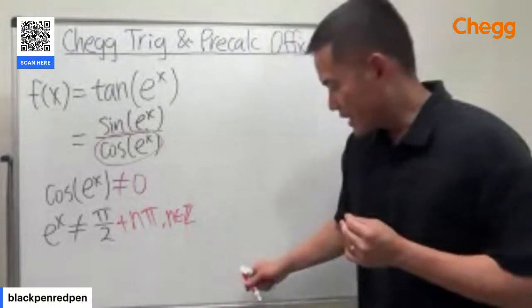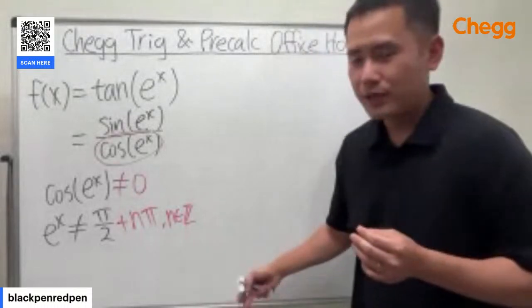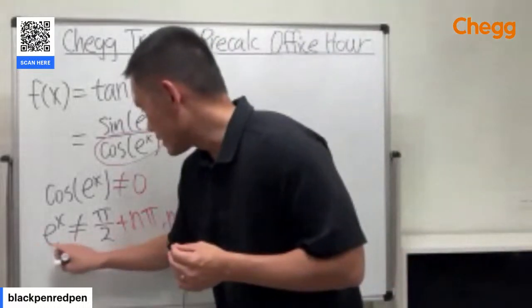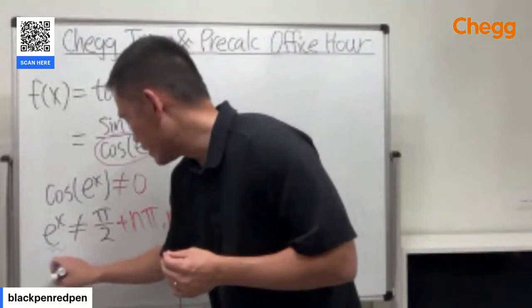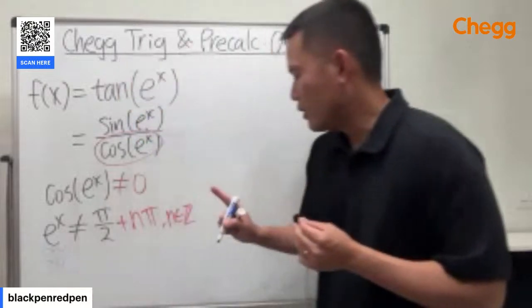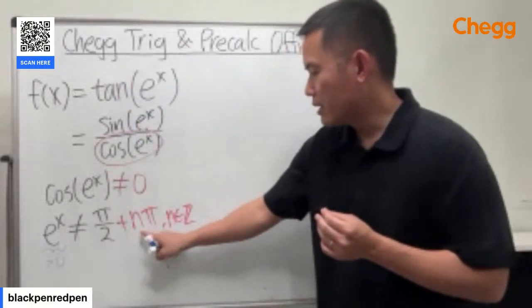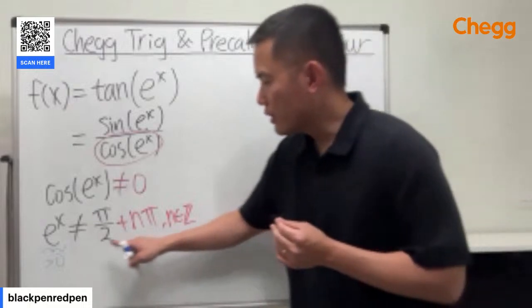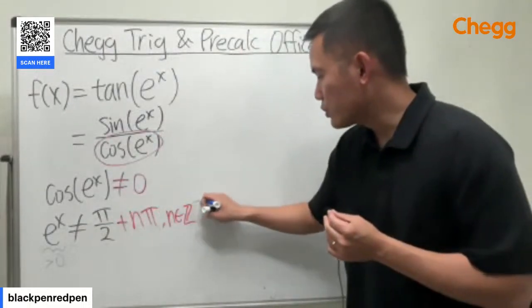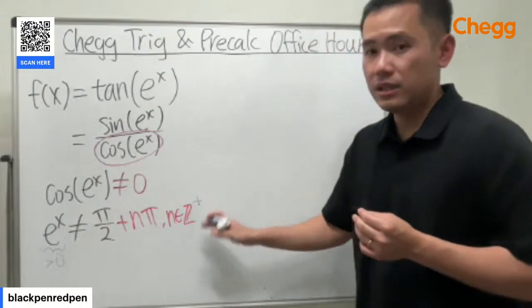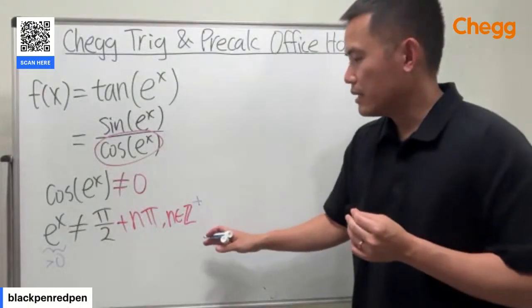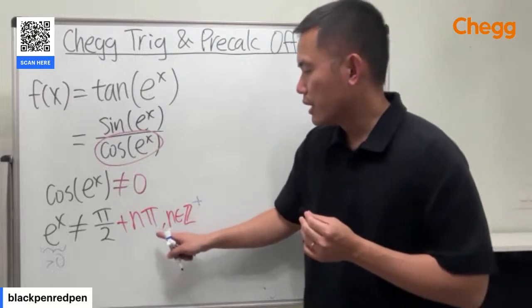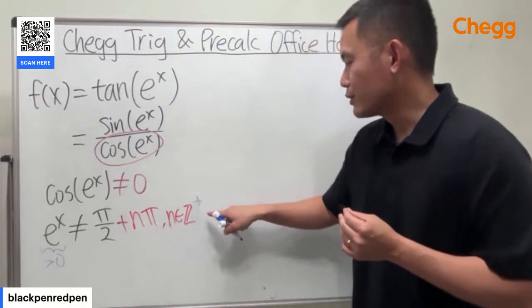Now, be really careful though. Here's the part of the range that you have to know. E to the x, this right here is always greater than 0. So, in fact, right here, n is all integers, but in order for this to make sense, we will have to make sure n is a positive integer. N could be 0.